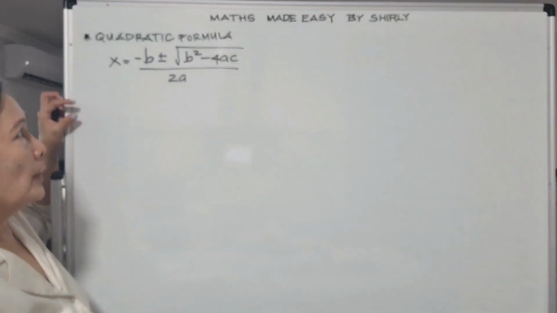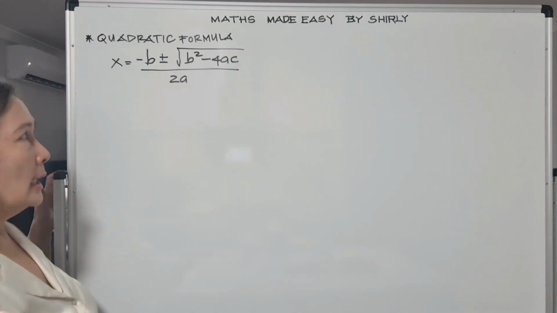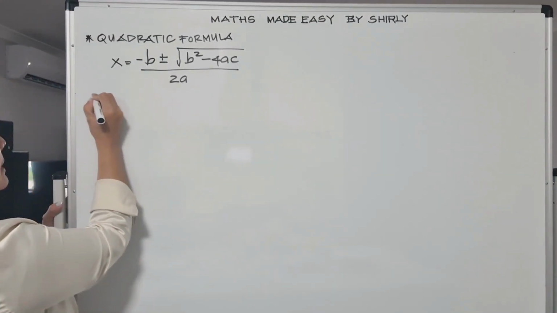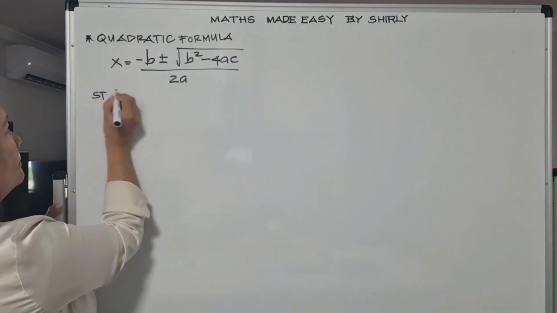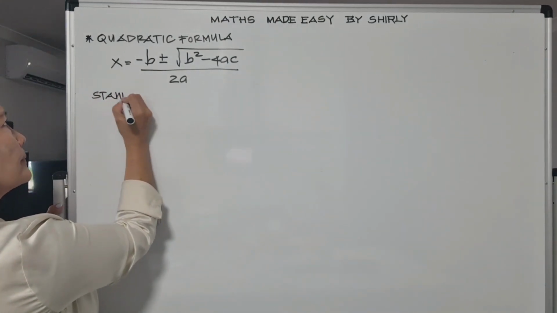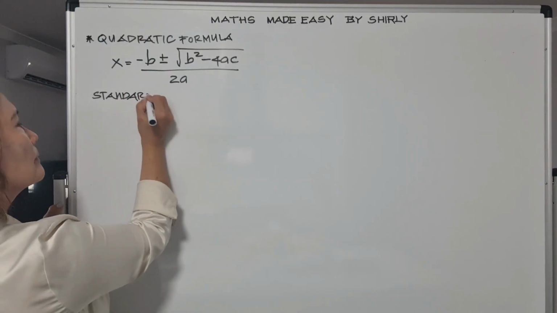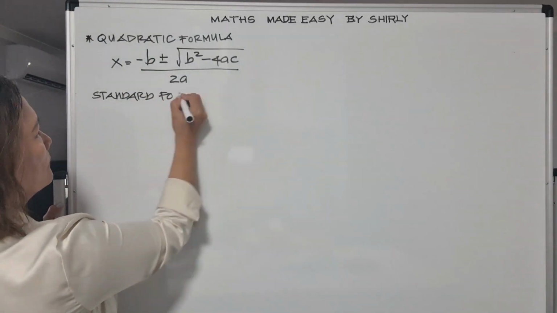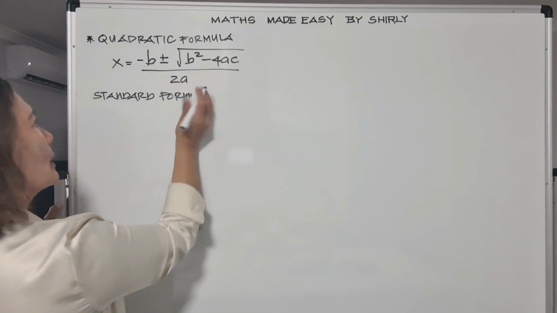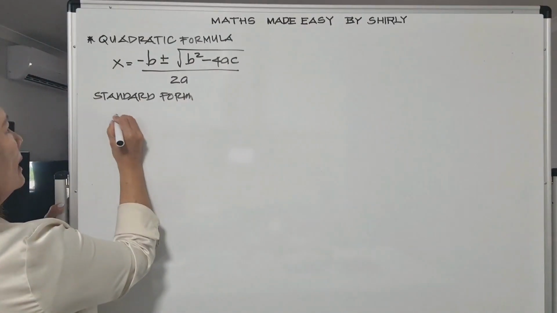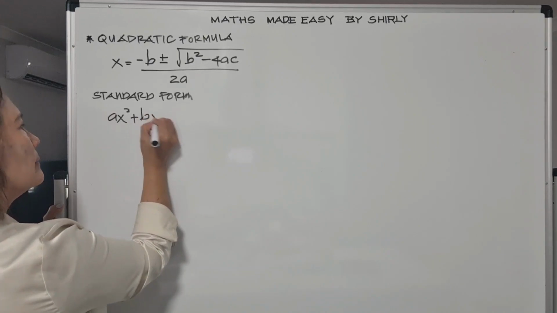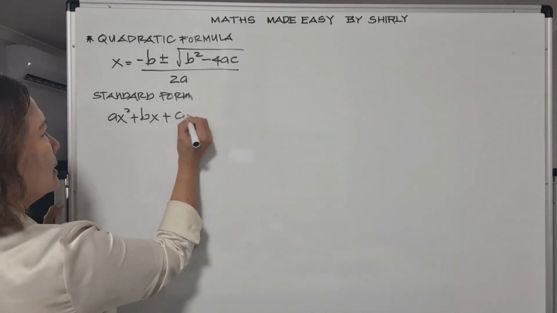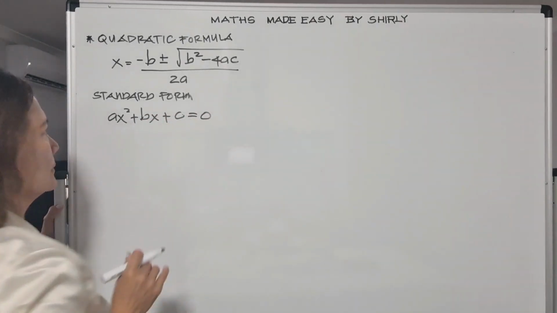But what about quadratic equation? A quadratic equation can be presented in a standard form of ax squared plus bx plus c equals 0.